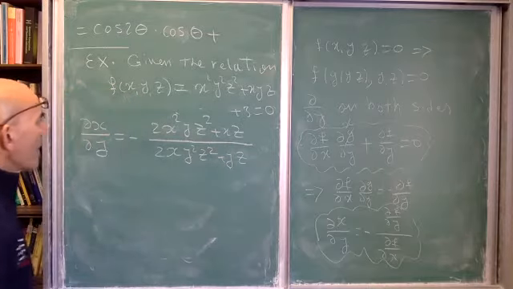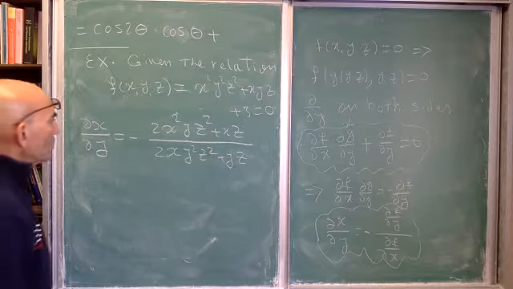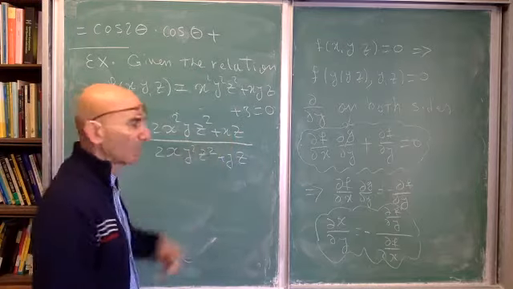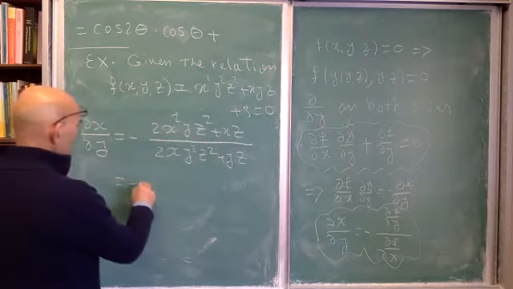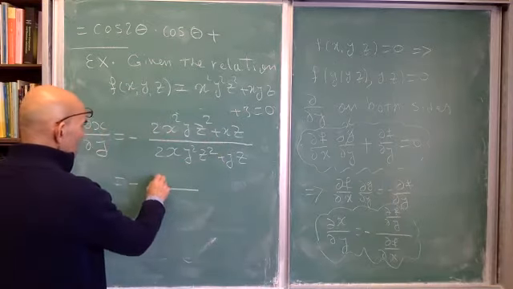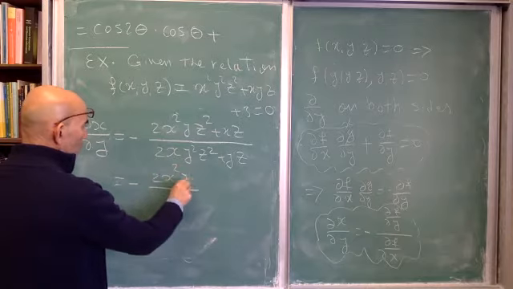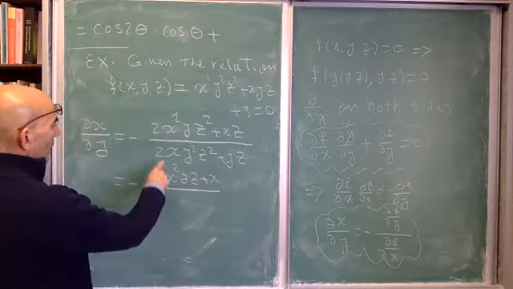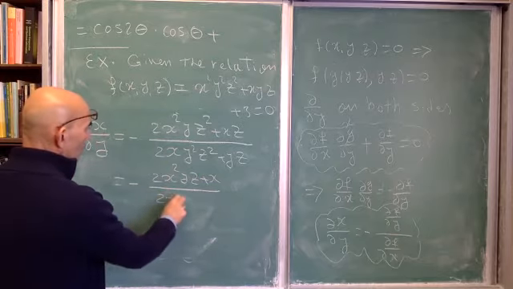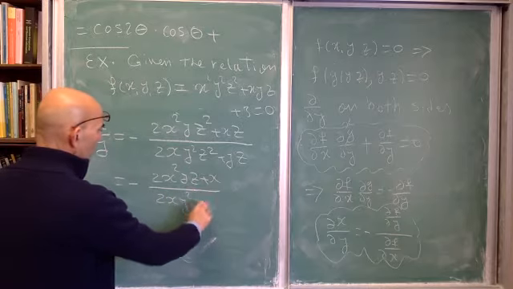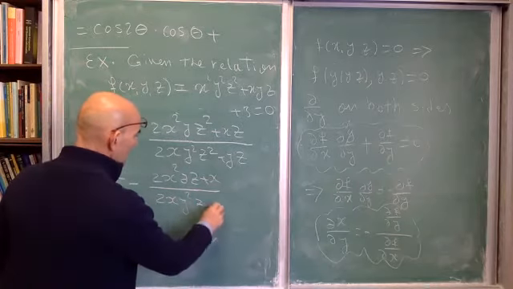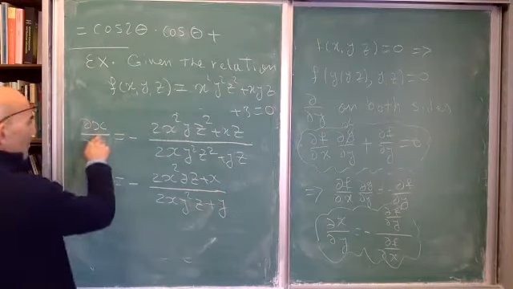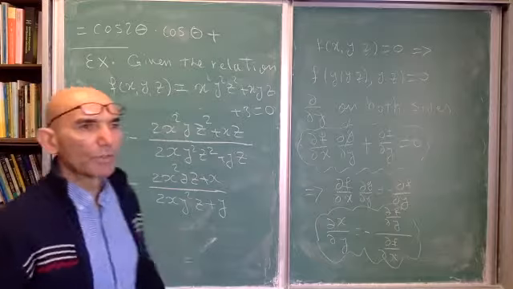All right. So the only simplification we can do is to cancel one factor of z. So this is equal to negative 2x^2 y z plus x divided by 2x y^2 z plus y. So that's what we were looking for.